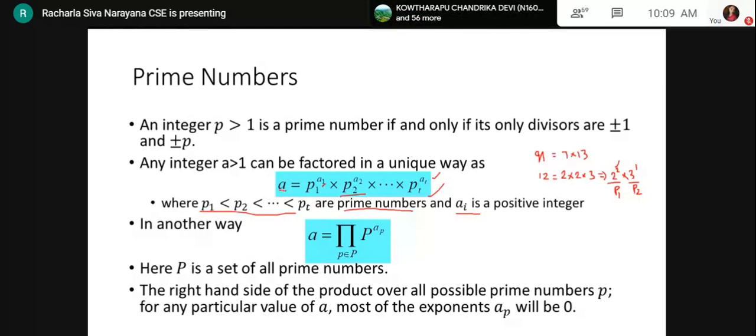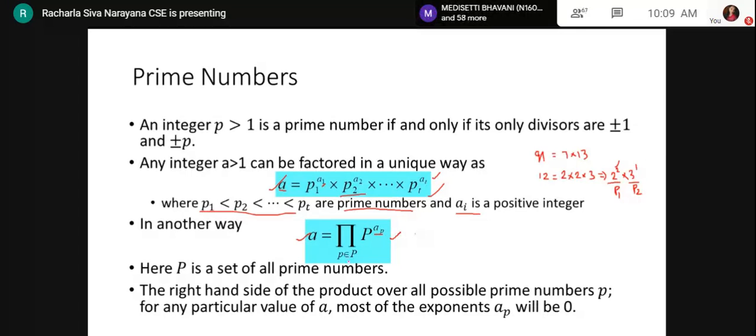This can be represented in another way. a is equal to the product over a set of prime numbers, p power ap. We can write it in this format also.